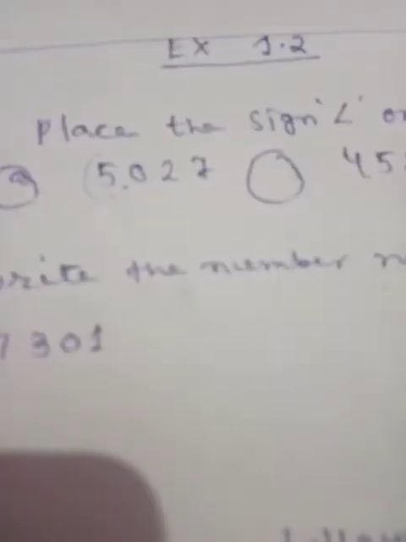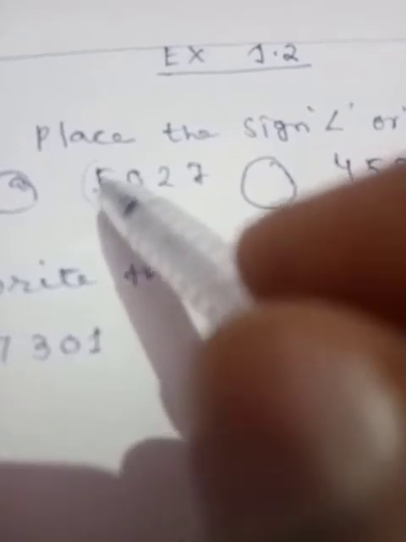How do we recognize which number is greater? First we see how many digits are there in the given numbers. There are 4 digits, so we see the thousands digit. In this number the thousands digit is 5, while in this number it is 4. So absolutely this number is greater than this number.